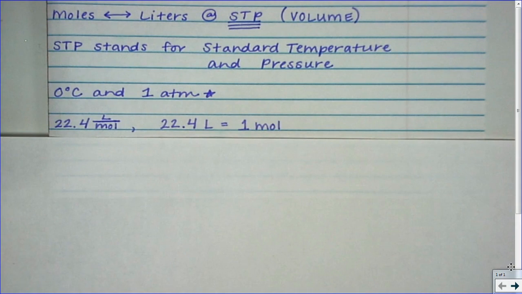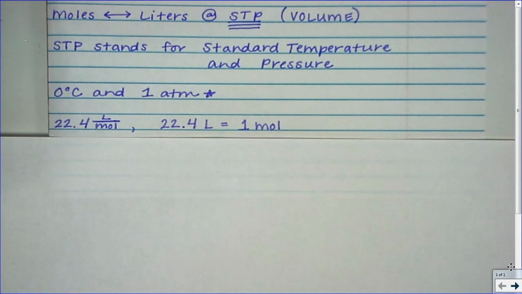The big thing to note is that this branch has everything to do with volume. If for some reason a question asks you to go from moles to volume, or what is the volume of this amount of moles or grams, it can be asked a lot of different ways, but you can convert from moles to liters. So what is STP? The second line says STP stands for standard temperature and pressure.